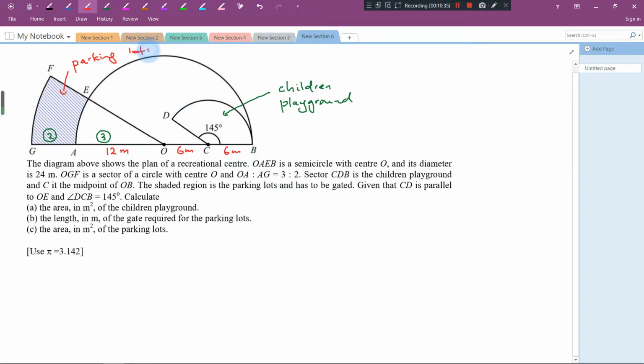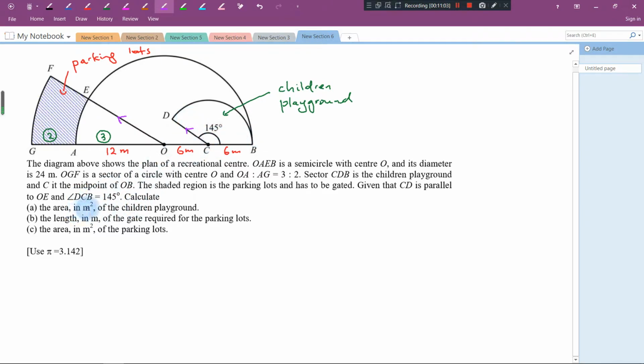And it has to be gated. We want to fence up this part. Given that CD is parallel to OE. So let me put this symbol so that we know these two are parallel to each other. Okay, and angle DCB is 145 degrees.